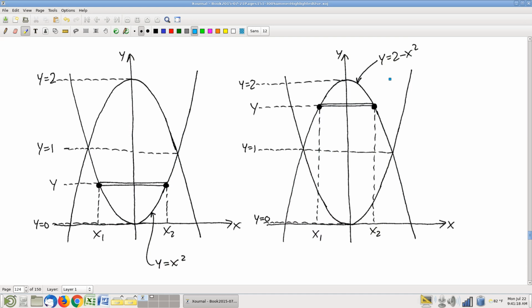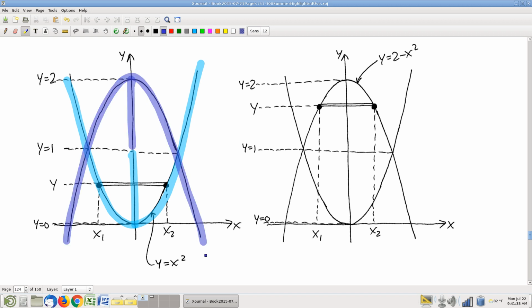The answer was that on this range of values for y, we were on this curve, but for this range of values of y, we were on that curve. And how did this point defining the lower bound for x jump from one curve to the other? Well, it jumped between the two curves where the curves intersected.